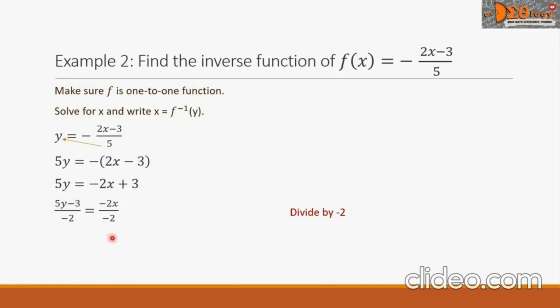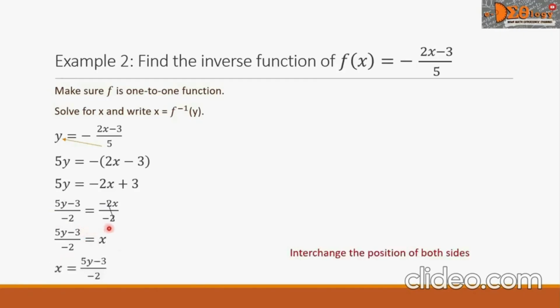I can now cancel the coefficient negative 2 and the divisor negative 2. Then only x as positive will come down. The left side will just be the same. And then I'll put this x on the left side, and the right side member will be placed on the right side. So I have now x equals 5y minus 3 all over negative 2.